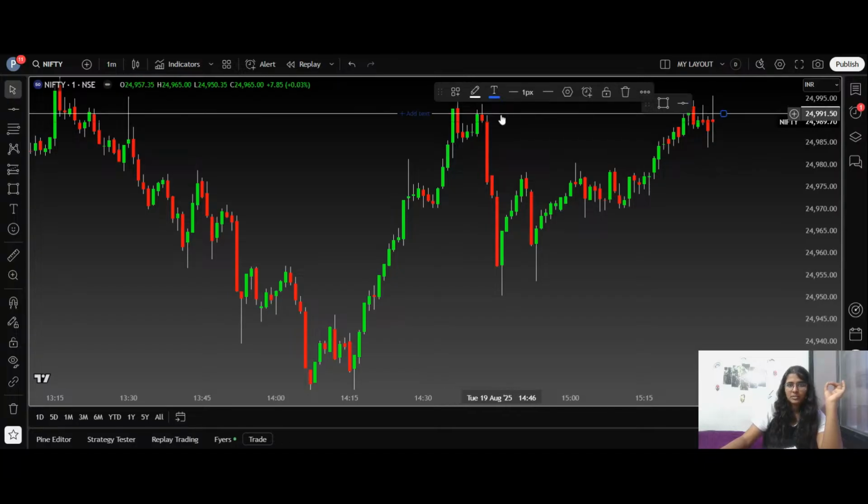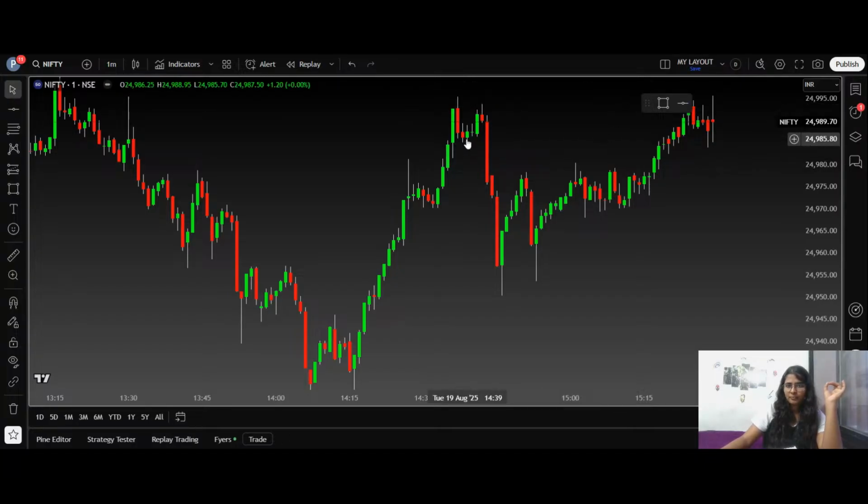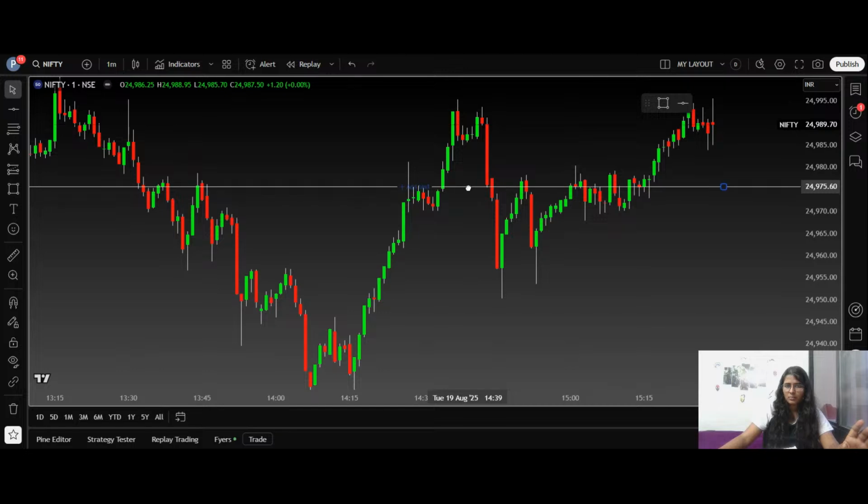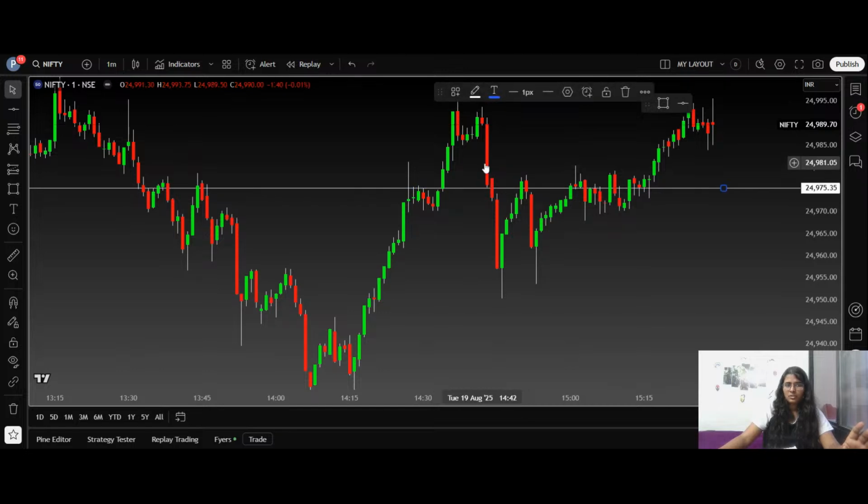The highest price of this candle is 24991.25. Low is the lowest price of this candle. Like we are seeing this candle, the point is like this. Not exactly, approximately, so this point will be 24990.